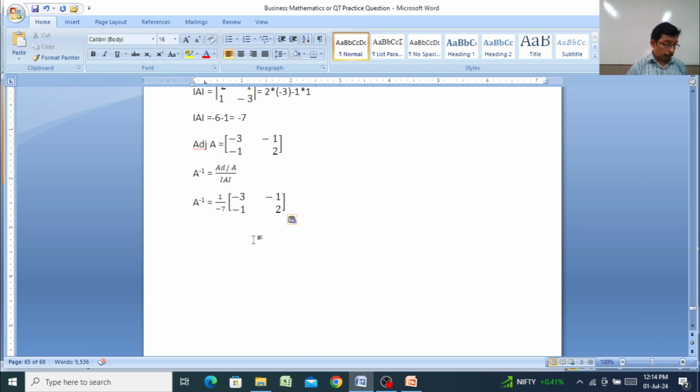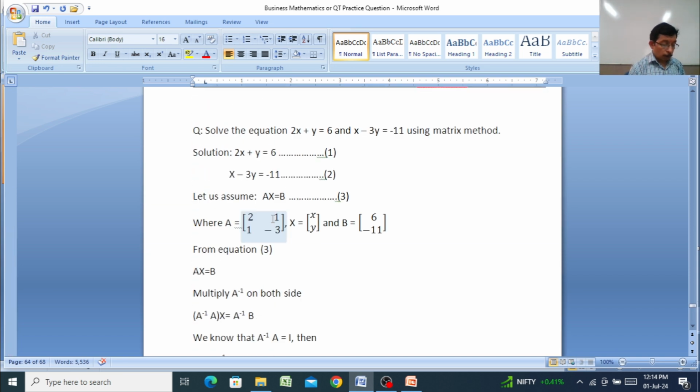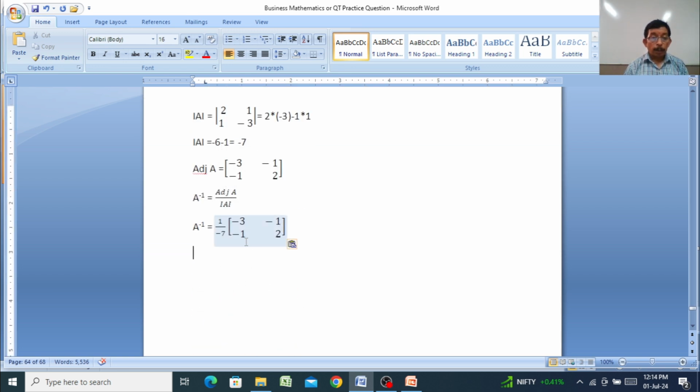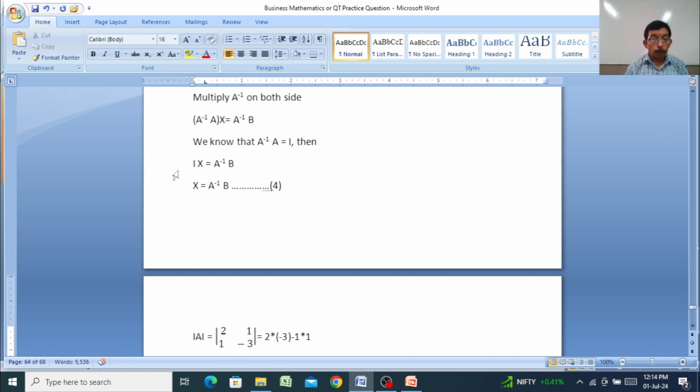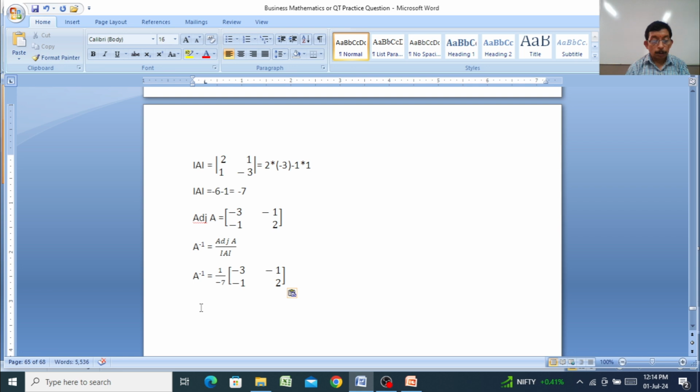Now we simplify A inverse from equation number 4.